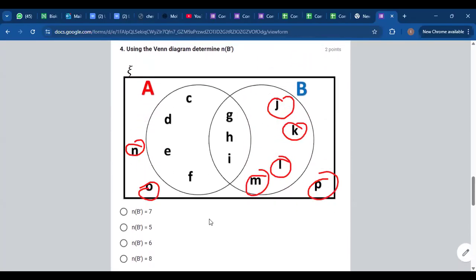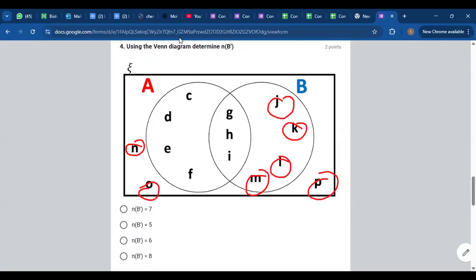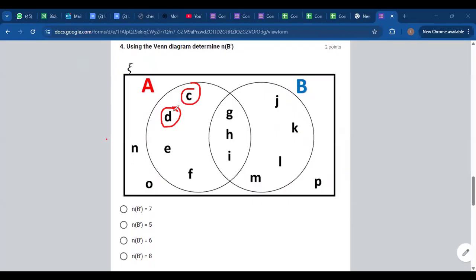And B complement, how many elements are in B complement? That's 1, 2, 3, 4, 5, 6, 7. Same thing, 7 elements in B complement.